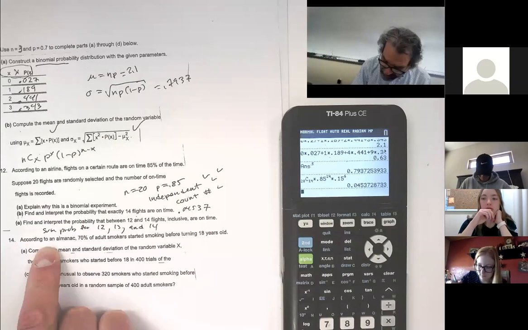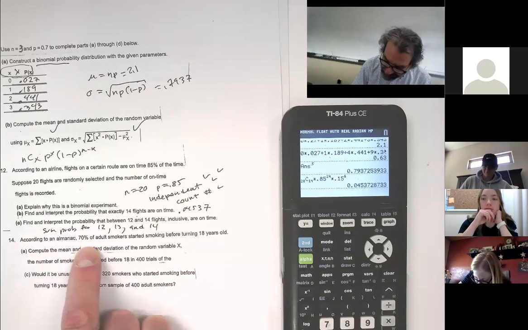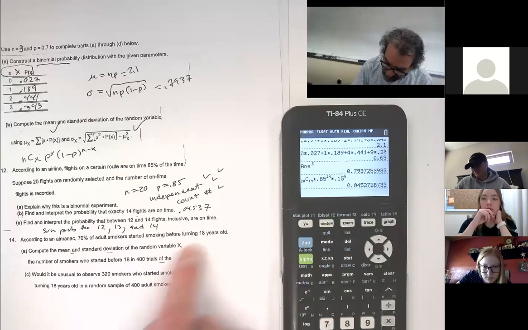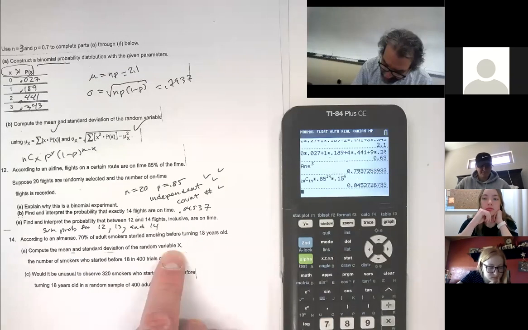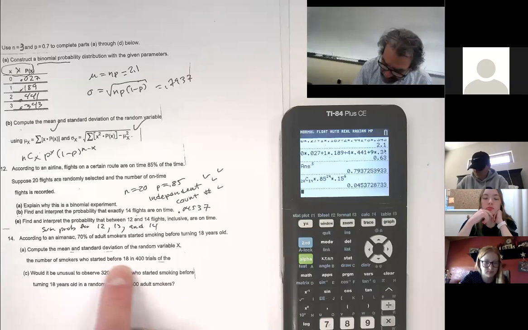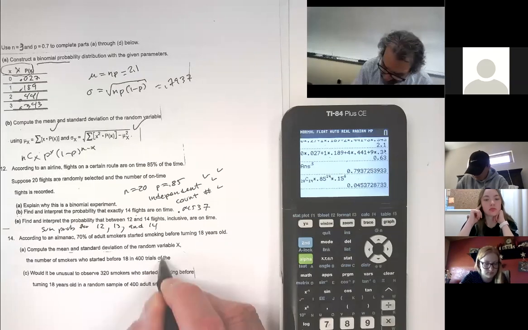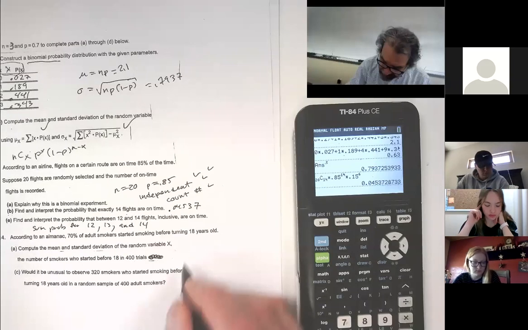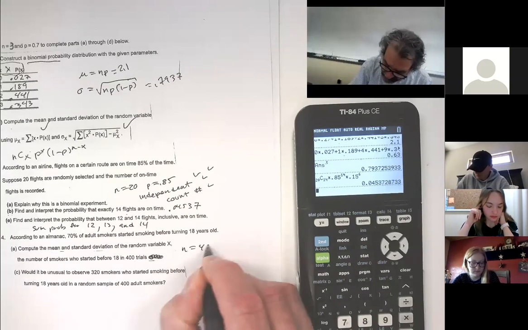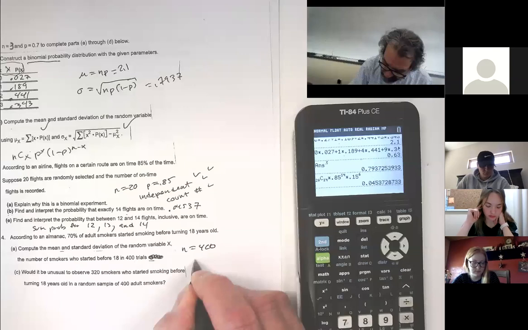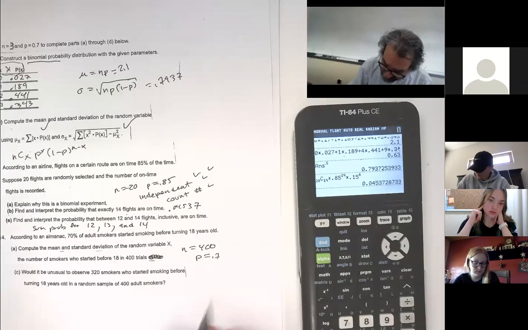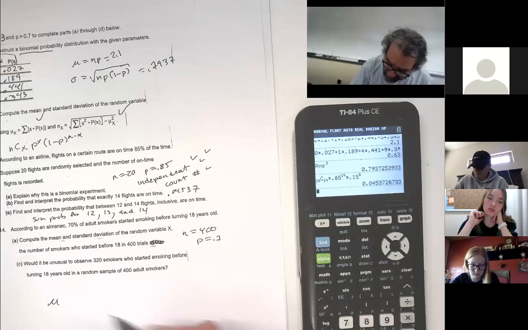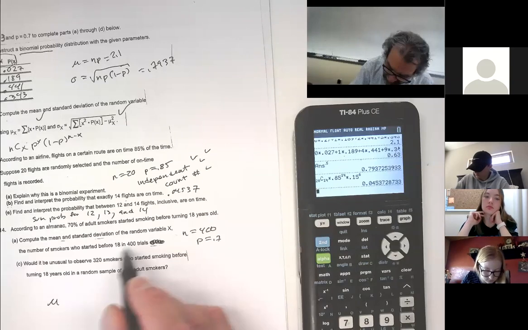According to an almanac, 70% of adult smokers started smoking before turning 18. Compute the mean and standard deviation of the random variable x, the number of smokers who started before 18 in 400 trials. So n is 400, p is 0.7. It's binomial, we're counting the number of smokers.